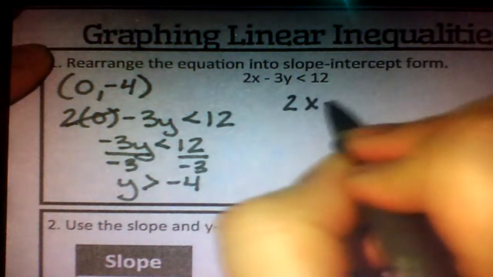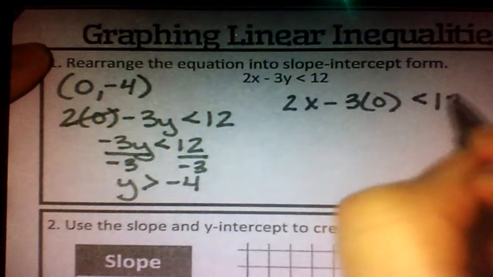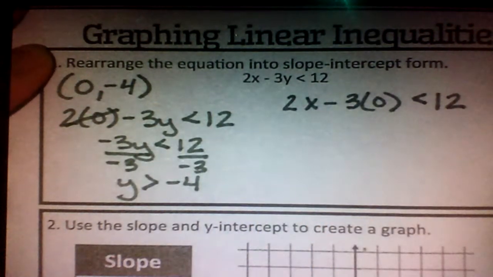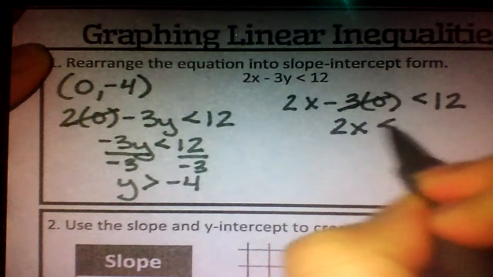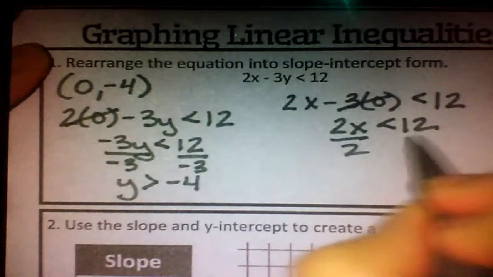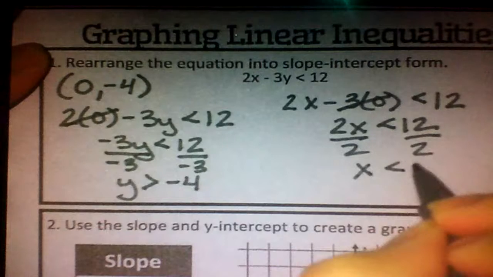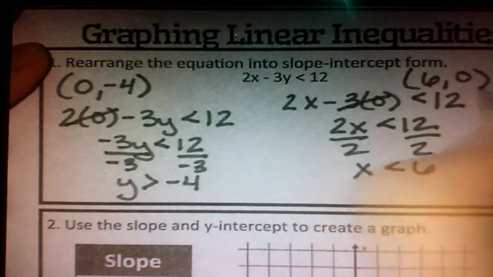So 2x minus 3 times 0 is less than 12. So 2x is less than 12. Divide by 2. x is less than 6. So 6, 0.